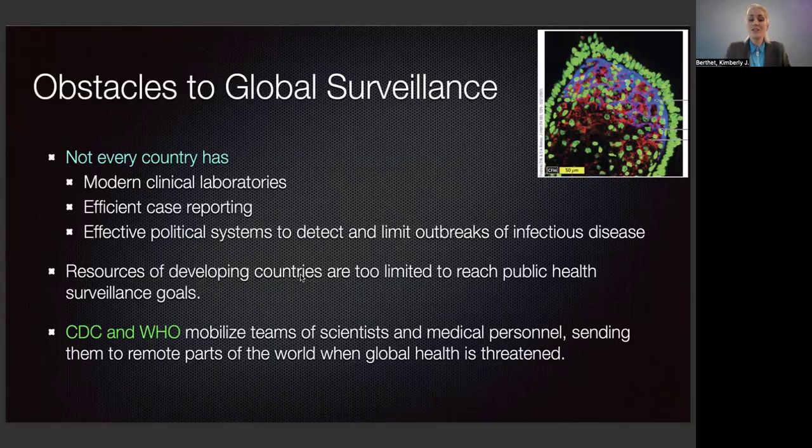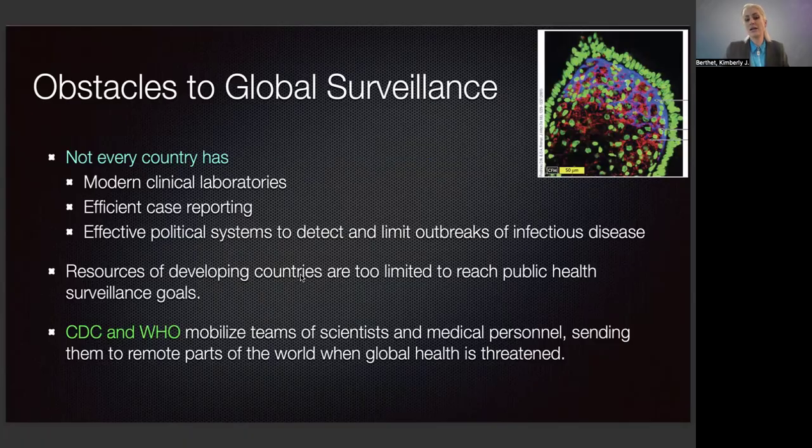Okay. When we talk about surveillance of disease, we have some barriers, and that's that we don't have modern reporting mechanisms in all countries. So we have the CDC and the WHO who work on reporting data for global health awareness, but not all countries have the availability to do this.